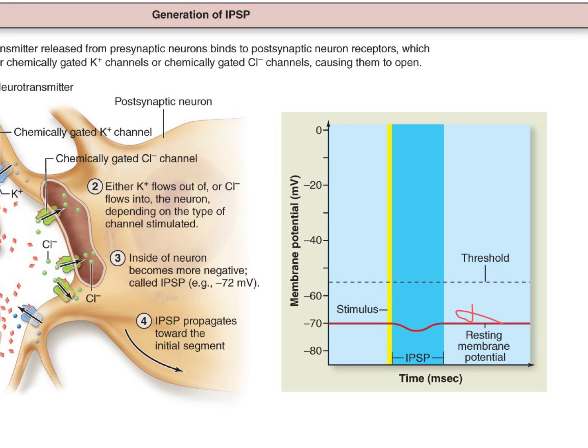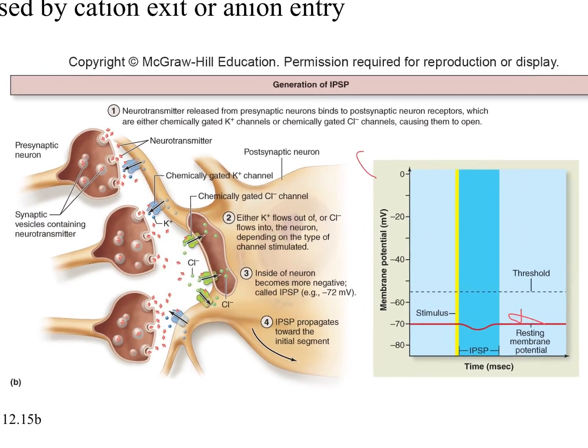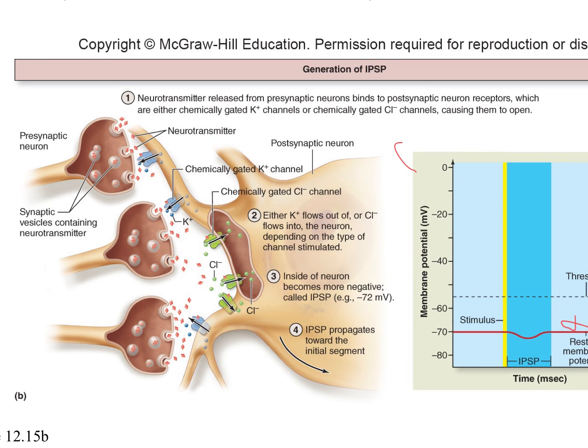Yes? So here, on this particular picture, there are multiple neurons that are targeting the postsynaptic neuron. See that? Okay. All of these presynaptic neurons are releasing the same neurotransmitter. Is that always the case? Are all of the neurons going to stimulate or inhibit, produce an EPSP or an IPSP in the target neuron?